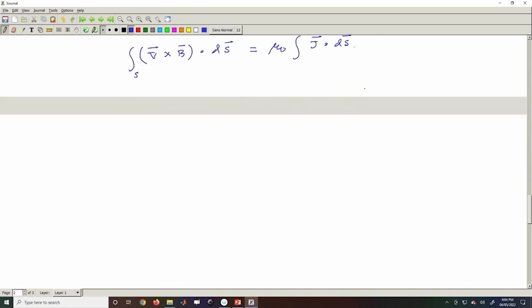So, I can have the expression curl of B is simply mu 0 J, which is nothing but Ampere's law.